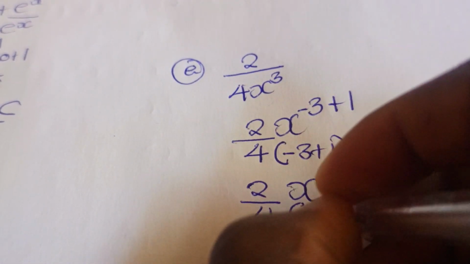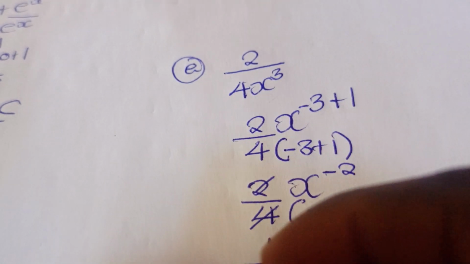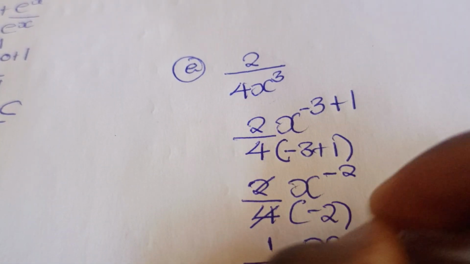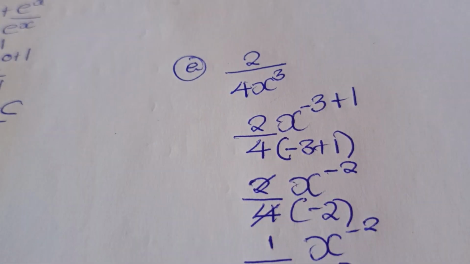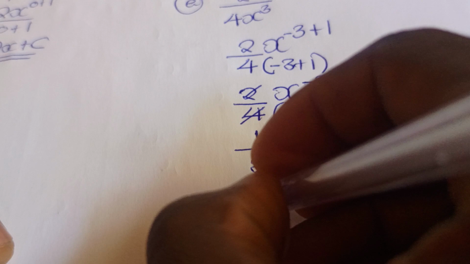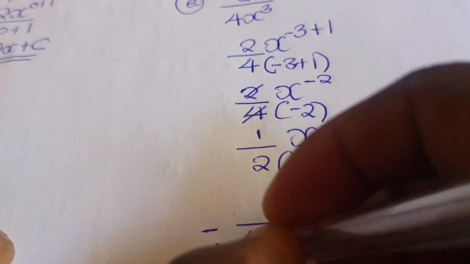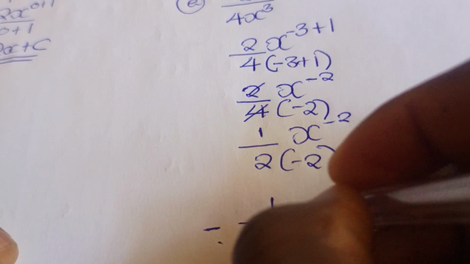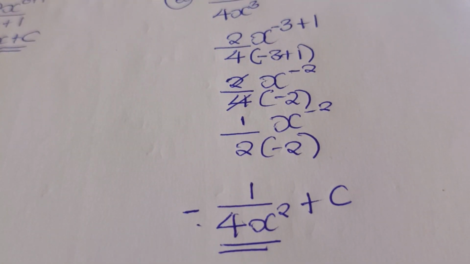Also down here you have negative 2. So 2 here, 1. 2 in here, 2. x to the negative 2. Then negative 2 times negative 2, that is negative 4. So negative 4. Then this x will come down and the power will change to positive. So we add plus c. This is how we integrate negative indices.